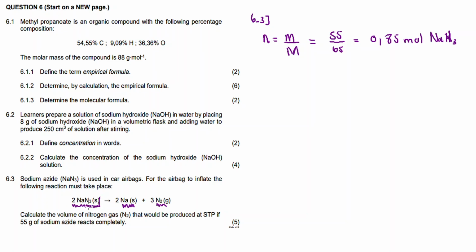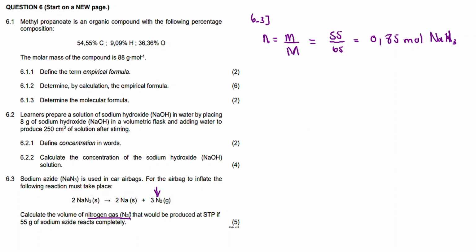In a stoichiometry calculation, we use the ratios, the coefficients that we find in our equation.